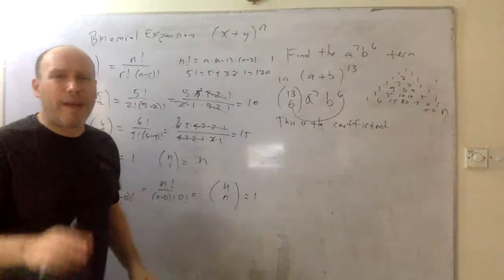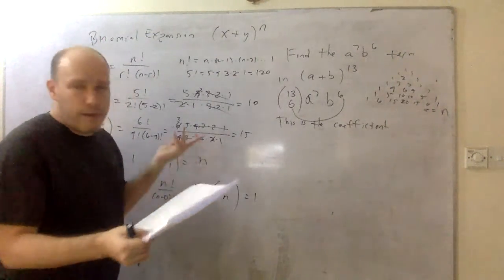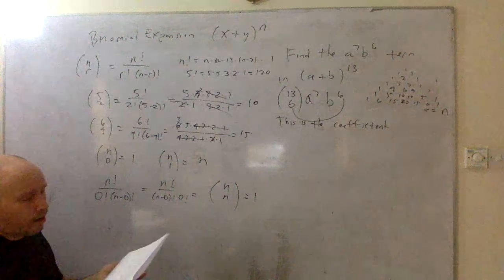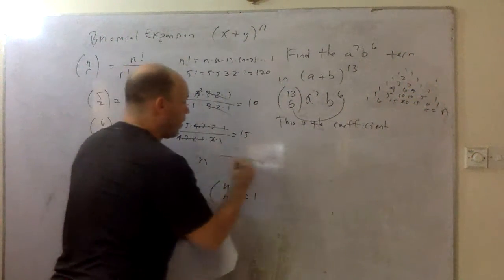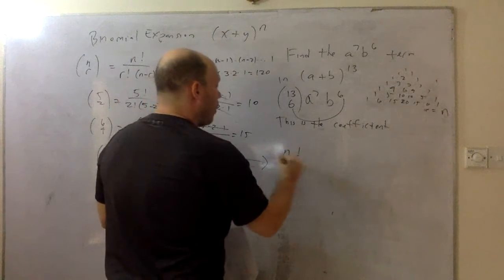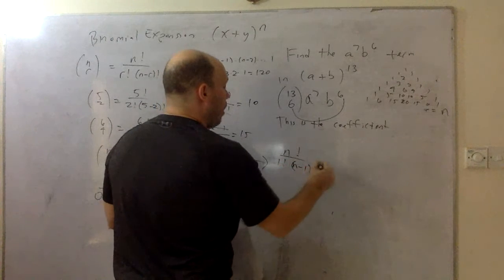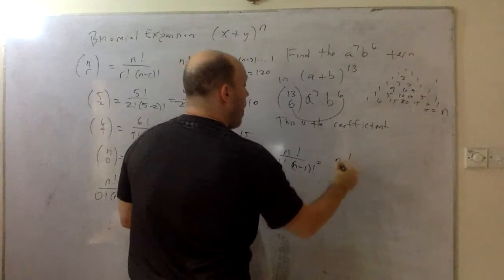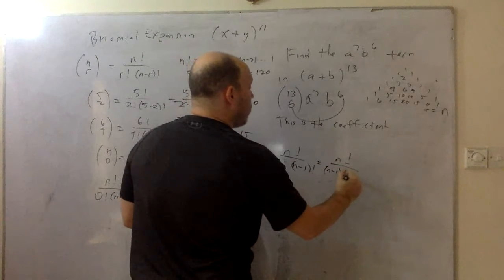Am I going to test you on this? No. Will you have a calculator? Yeah. What else? What's going on with this one? This is kind of cool also. If n choose 1 is n factorial over 1 factorial times (n minus 1) factorial, well, I can switch this around: n factorial over (n minus 1) factorial times 1 factorial.